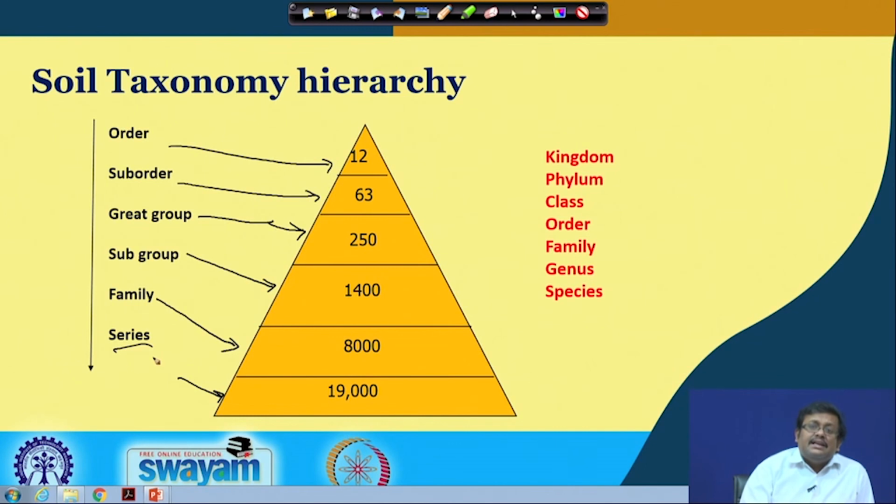So, the lowest category is soil series and the highest category is soil order. As you can see, there are 12 soil orders. We will discuss them later on one by one.